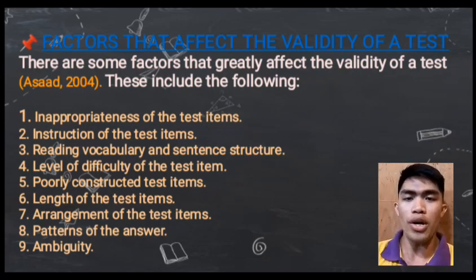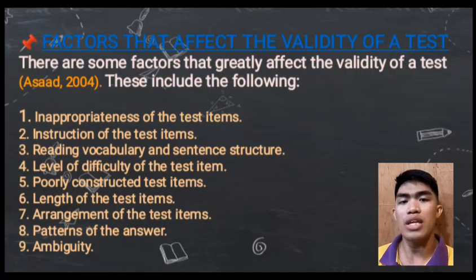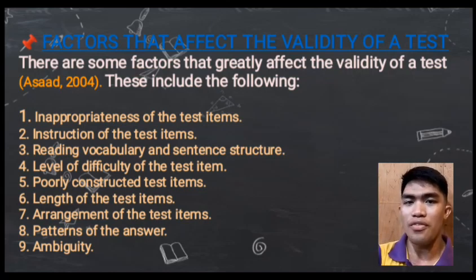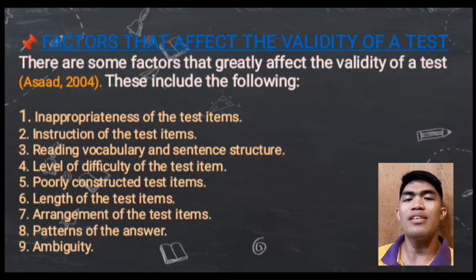And number 4, we have level of difficulty of the test item. When the test items are too easy or too difficult, we cannot discriminate between the bright and poor student. Thus, it will lower the validity of the test. And number 5, we have poorly constructed test items.